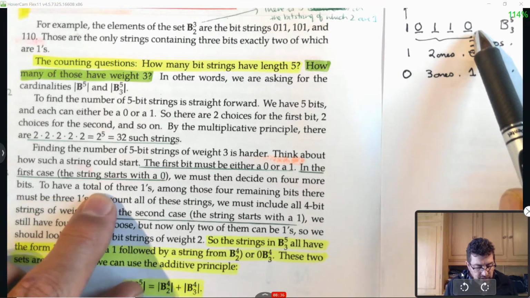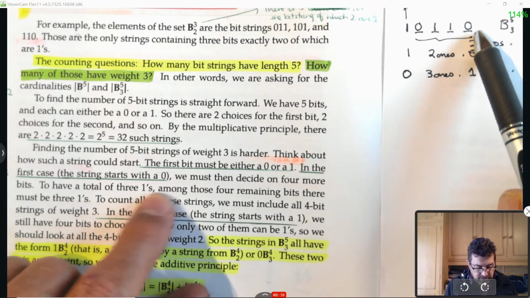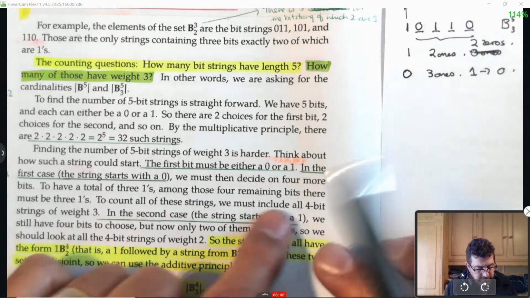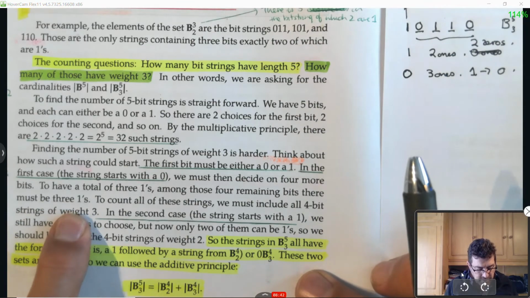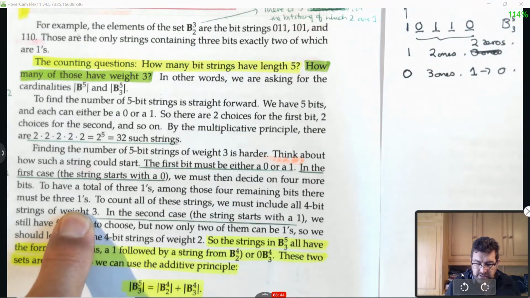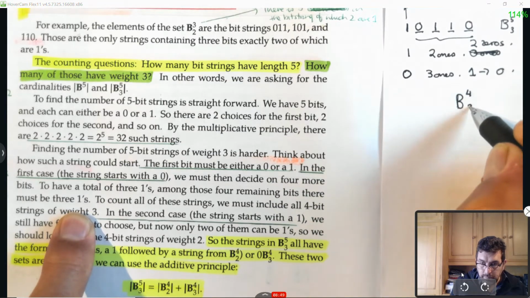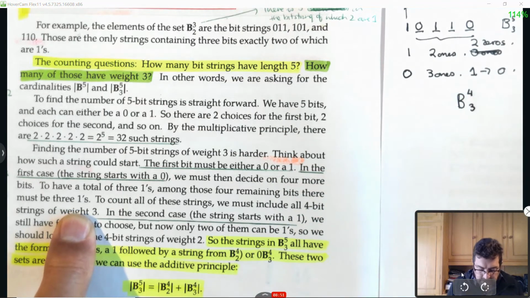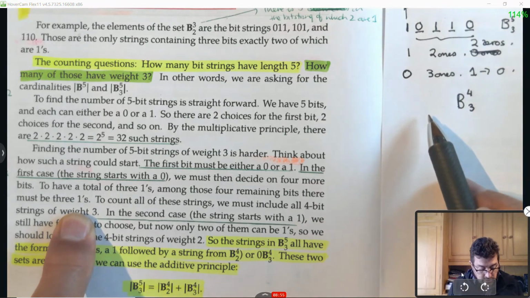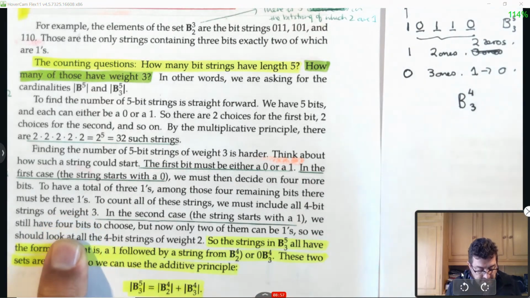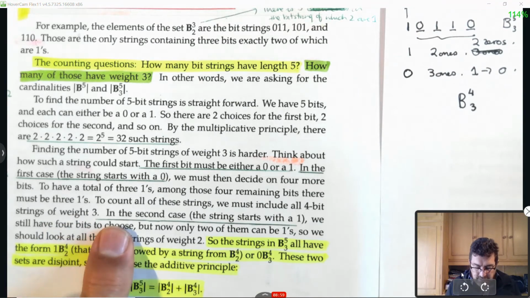To have a total of 3 ones, among those 4 remaining bits, there must be 3 ones, if we started with a 0.